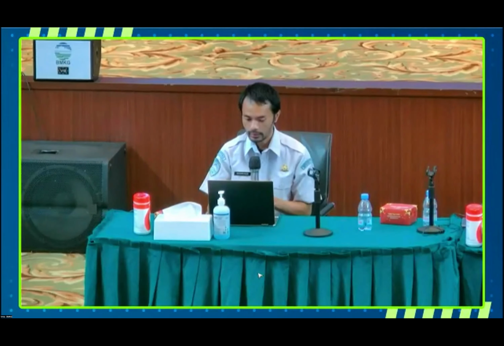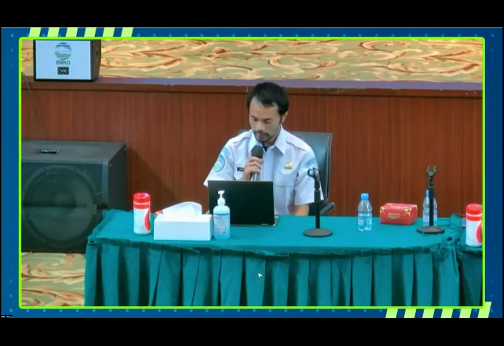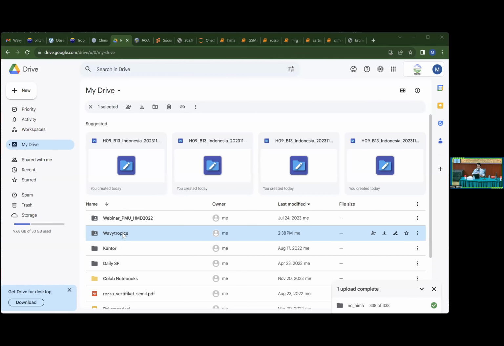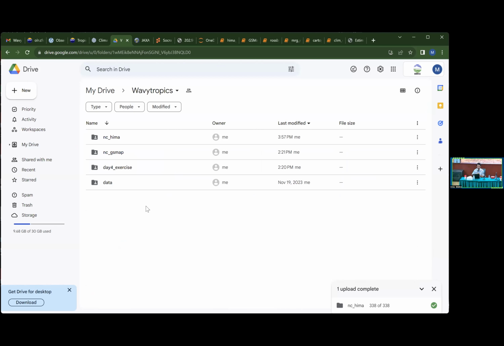Okay, so I shared the Google Drive link in the chat, so you can download the data. It will take some time because the data is very large, about 1 gigabyte. Inside the folder you will have the data. This is the OLR data. This is important, so it is the first priority; you have to download it.